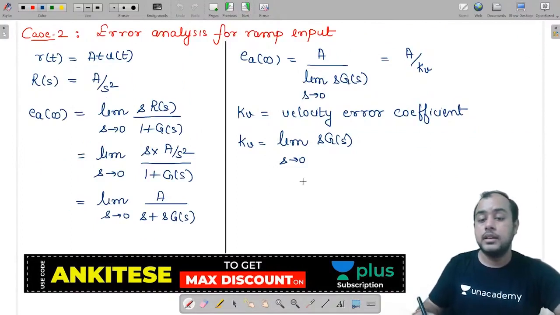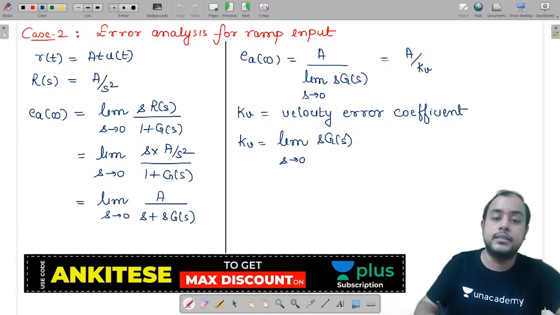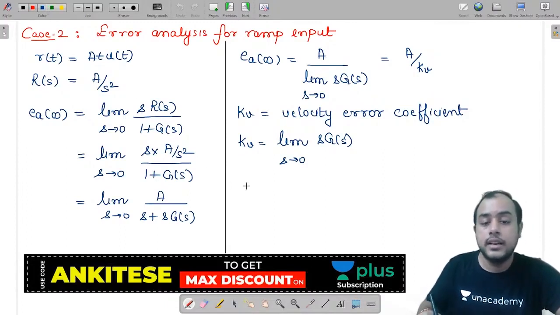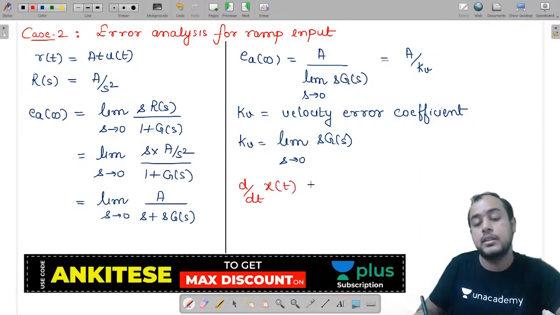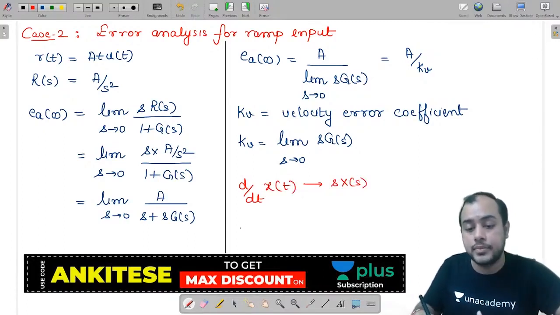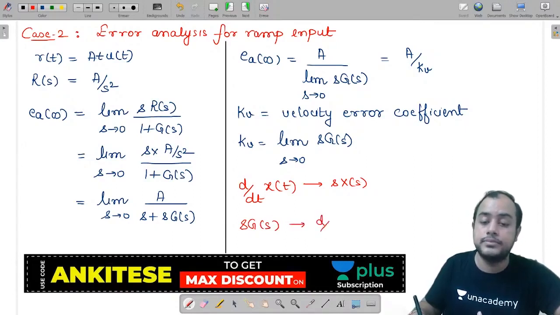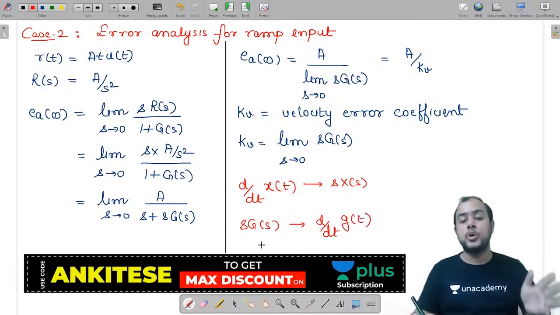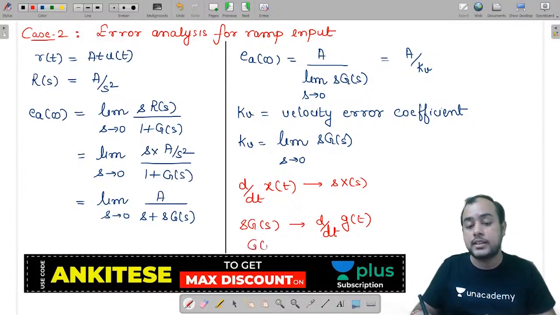Now my friend, Kv is this. Why is it called velocity? We know that d by dt of x(t) is, in Laplace, sX(s). So can you say this sG(s) basically represents the derivative of position, and the derivative of position is what?